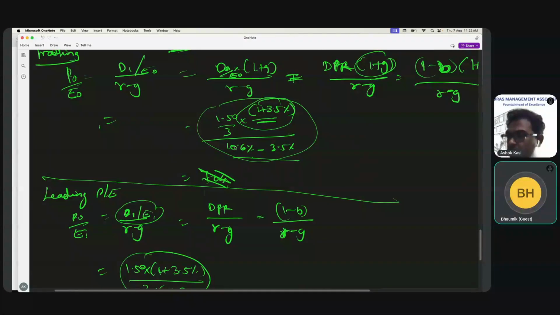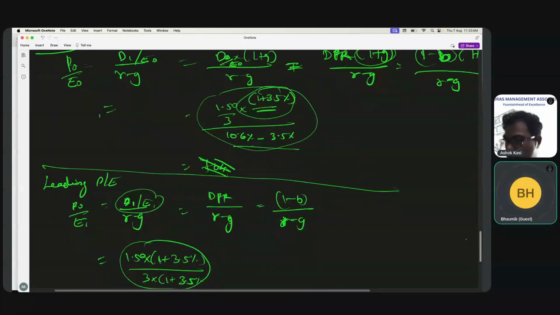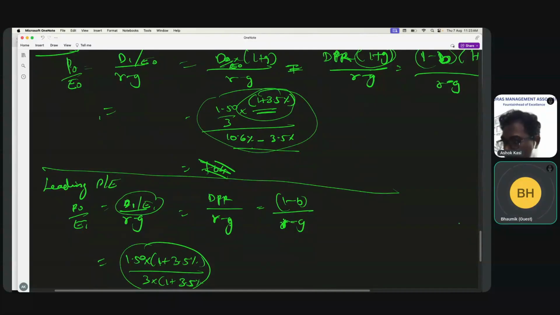But let's stick to trailing first of all. 1.5 divided by 3. Yeah, 7.29.